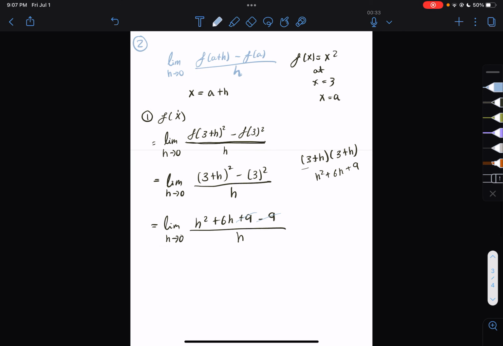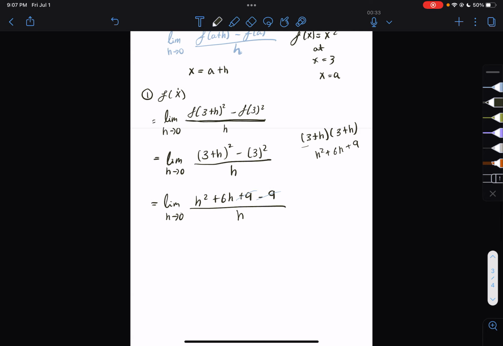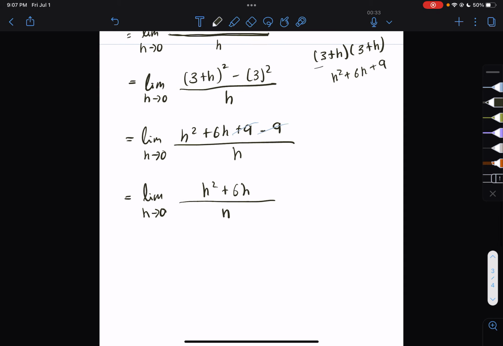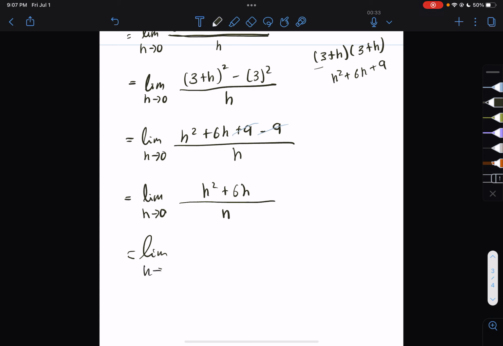We know that these are going to cancel each other out. And now we have h to 0, right? And we can simplify this. h squared plus 6h, right? Take out the h and then we'll be able to cancel once again. And then the bottom is not going to equal 0.